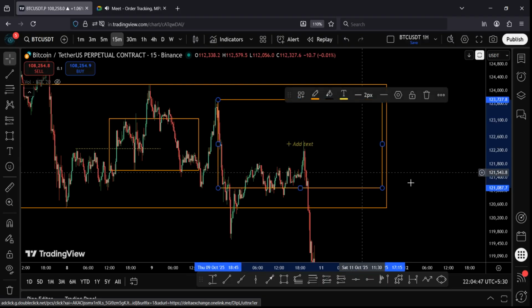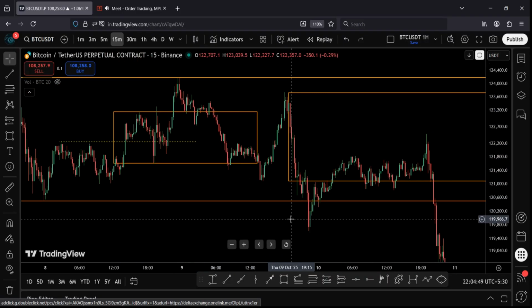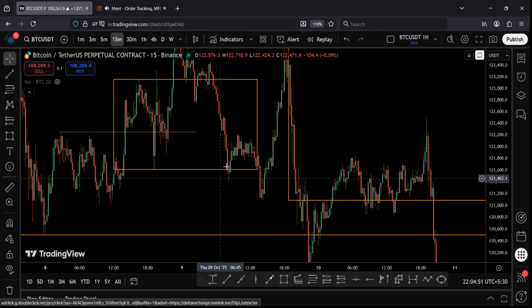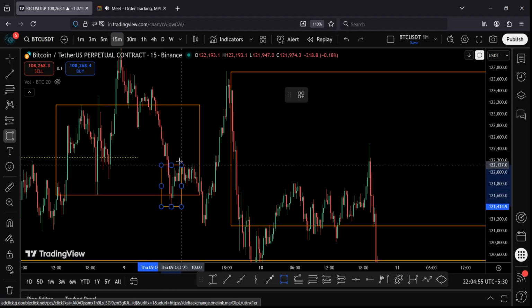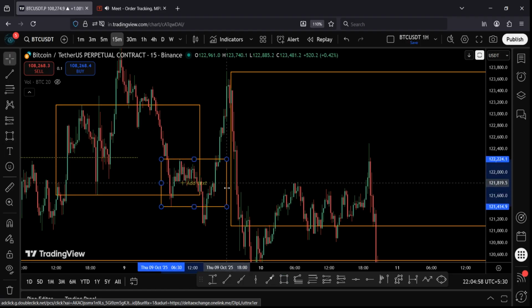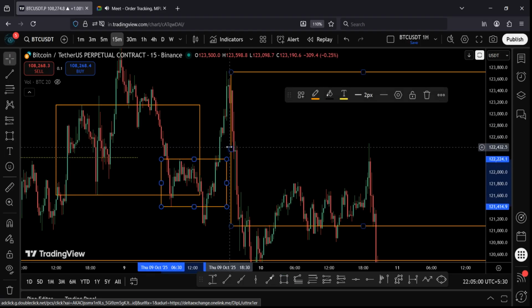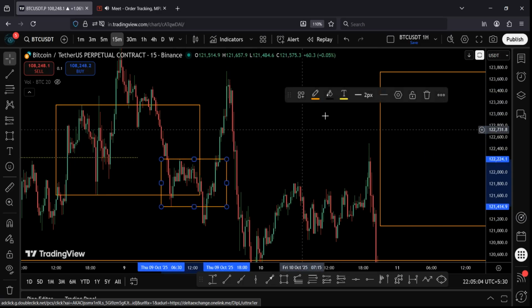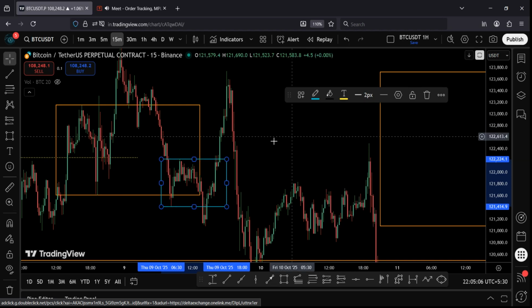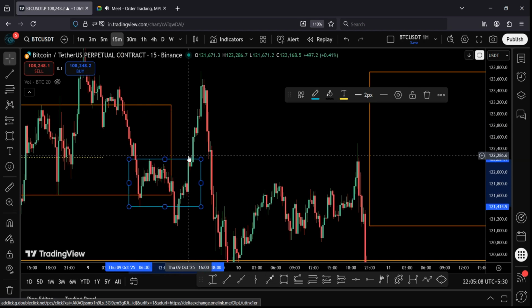What will we do now? We will use minor. Price crosses this here. Look at this. Let's do this with teal color. Okay. Price goes up. Cross this here.